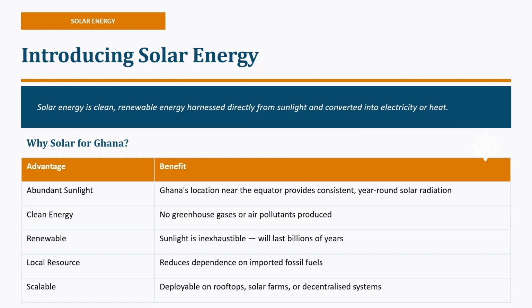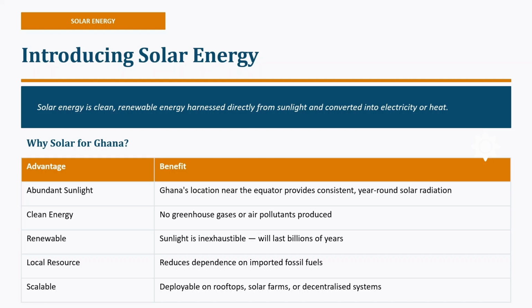That is to say that we are able to harness the power of the sun to our advantage in our country. We don't need to depend on a foreign country to import oil, and that becomes an advantage here. And then fifthly, it's scalable. We can have it in our various homes. We can have large solar farms where we generate for a national grid.